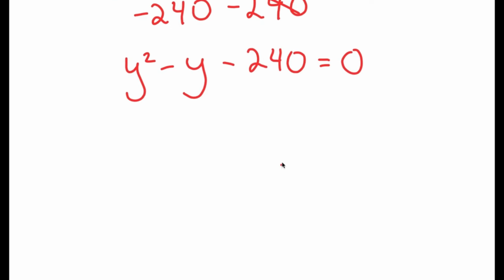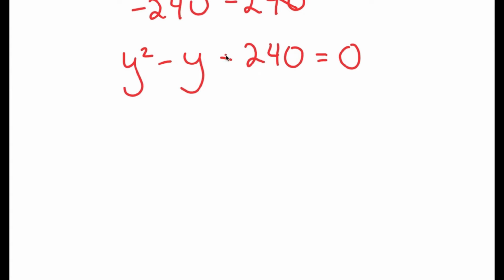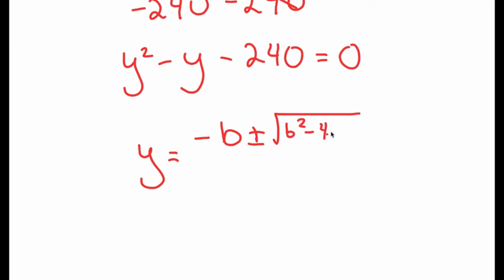So what I have here is a quadratic equation. And to find the solutions of this quadratic equation, I can use the quadratic formula. So if you guys already know, the quadratic formula is negative b plus or minus the square root of b squared minus 4ac all over 2a.